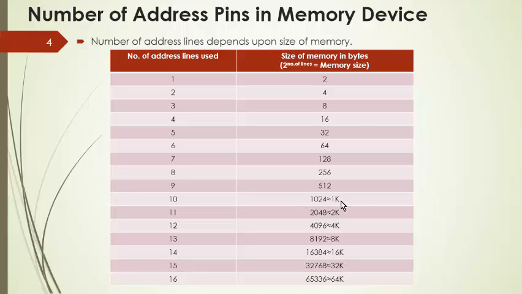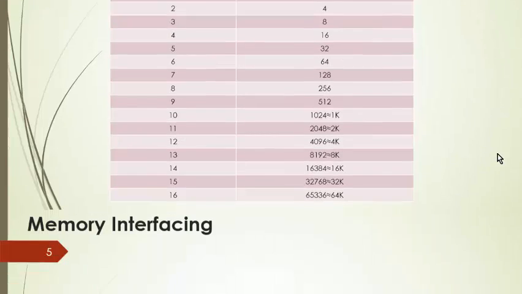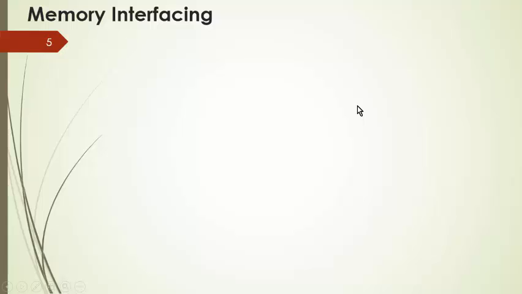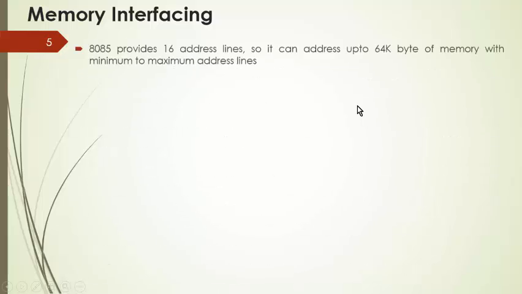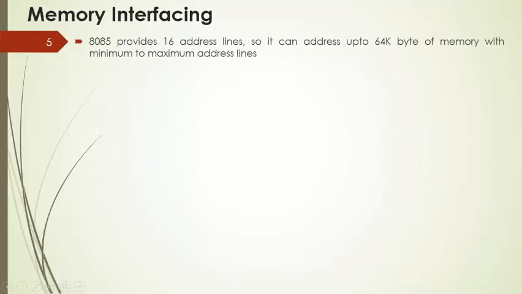Suppose the memory capacity is given, say 1 kilobyte, then we can easily calculate the number of address lines. For 1 kilobyte of memory capacity, 10 address lines need to be considered. For 2 kilobytes, 11 address lines need to be considered.